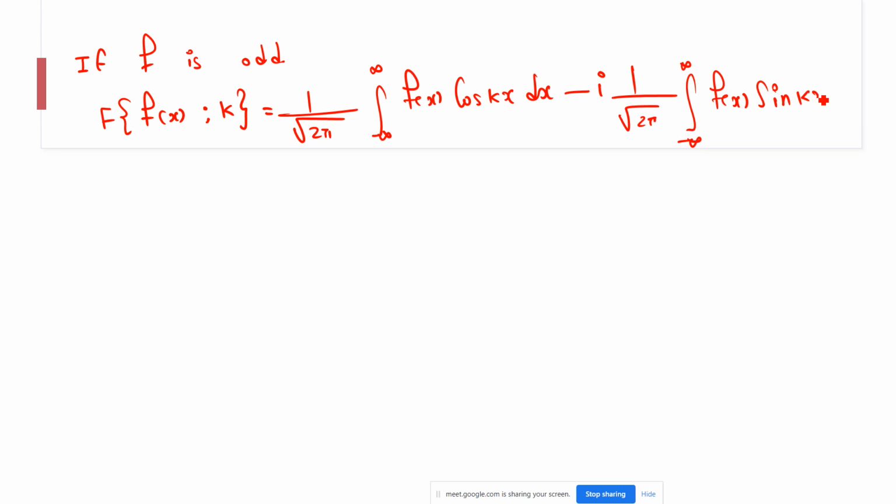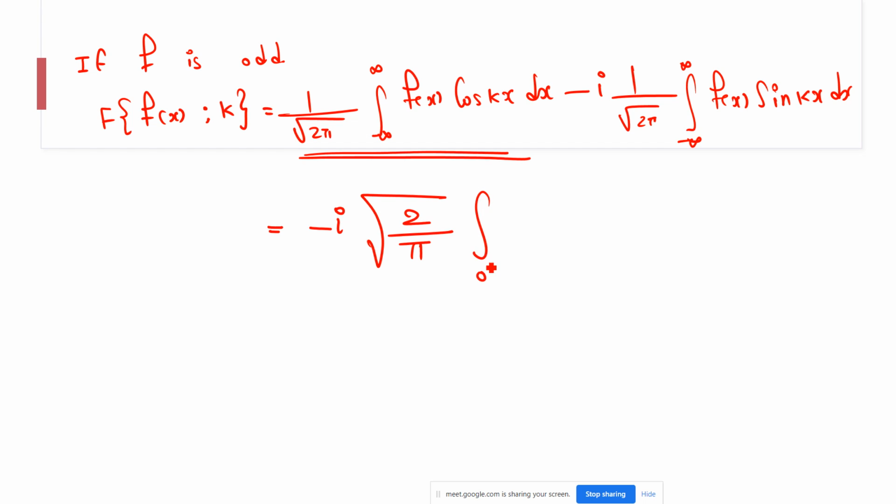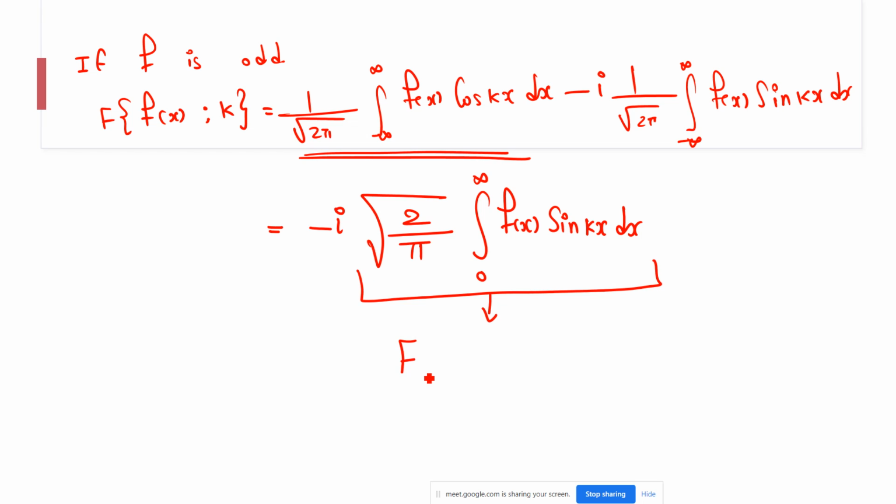If my f is an odd function, this first part becomes 0. What is left is minus i times root 2 by pi, integrating 0 to infinity f of x sin kx dx. And this part is called the Fourier sine transform of f of x converted to variable k.